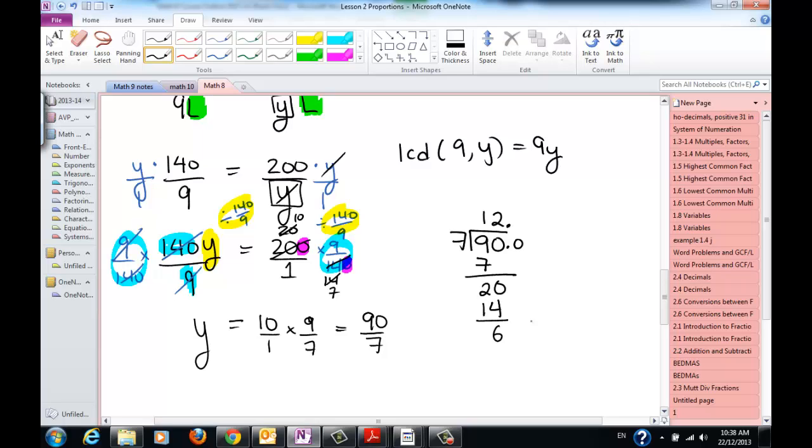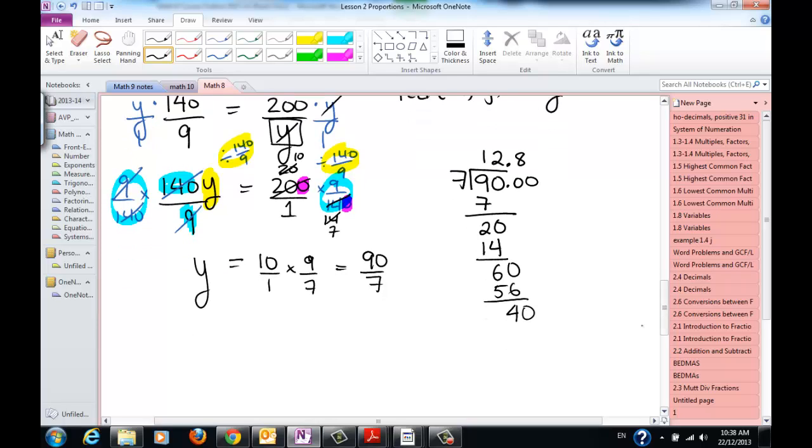Put my decimal in, pull down a 0. That goes in 8 times, and it's 56. I have a 4 as a remainder. I'm going to do it one more time. 35, which is 5 times, and it'll keep going on, but 2 decimal places is nice, so I get y is equal to 12.85, and it's liters, right?